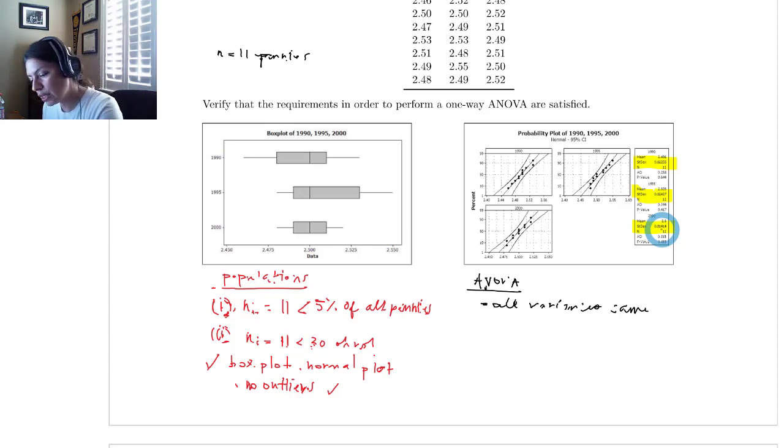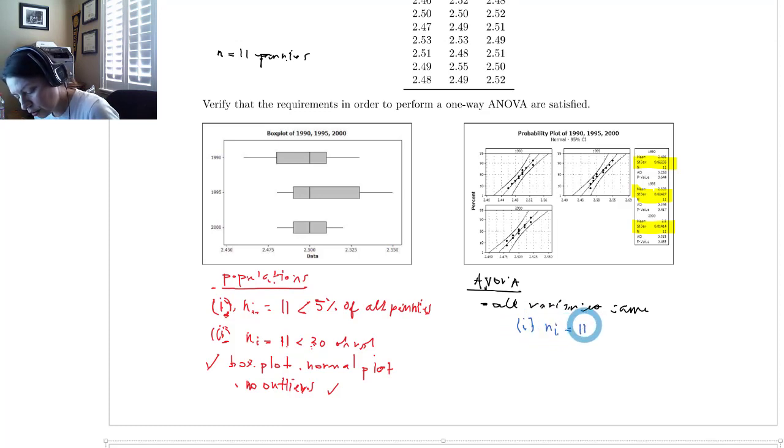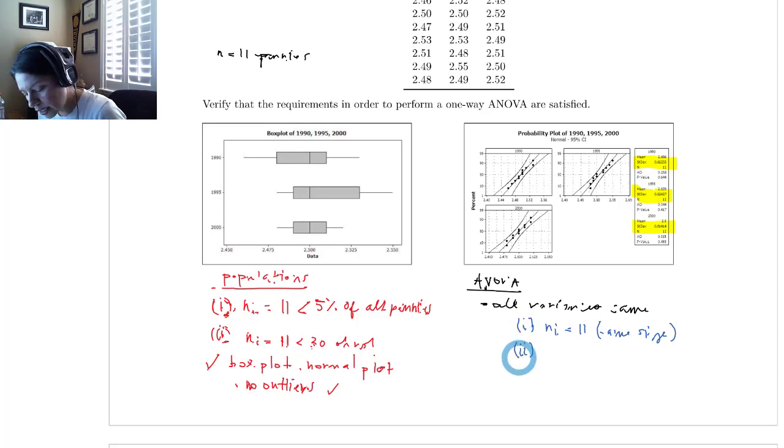And what were the two criteria for why that was okay? The first one was that all the sample sizes had to be the same, which they are, same size. The second is that the largest standard deviation has to be no more than twice the smallest standard deviation.